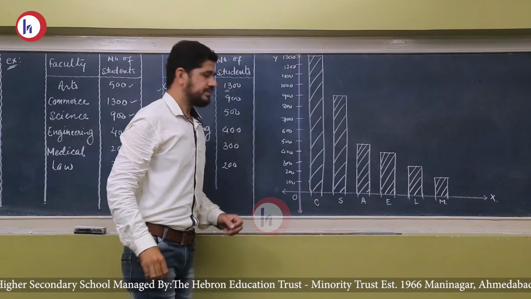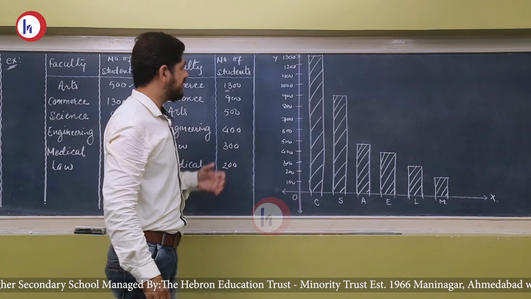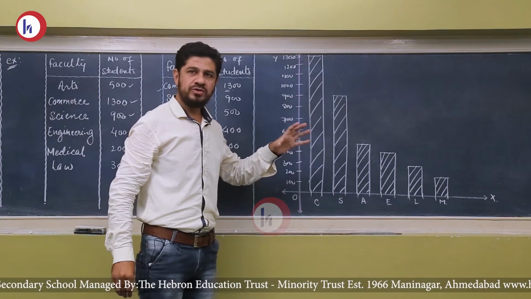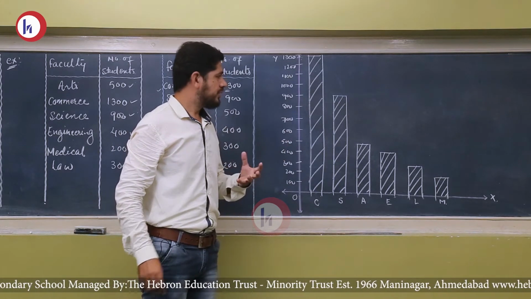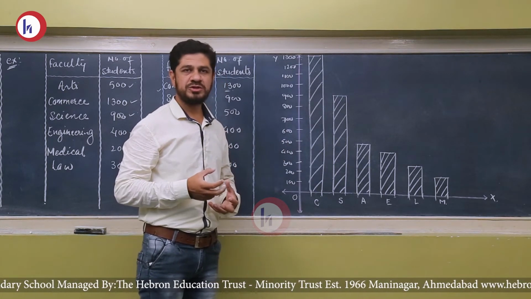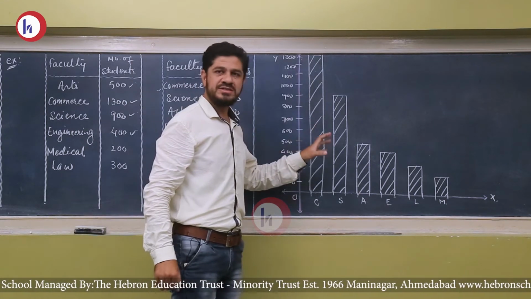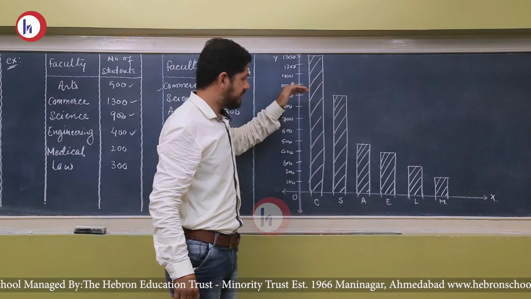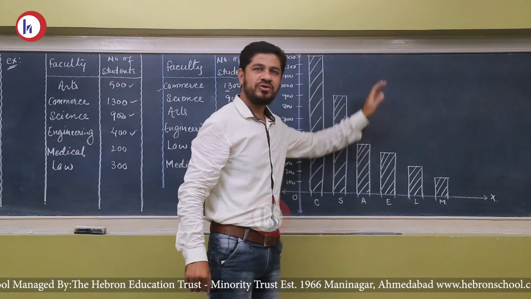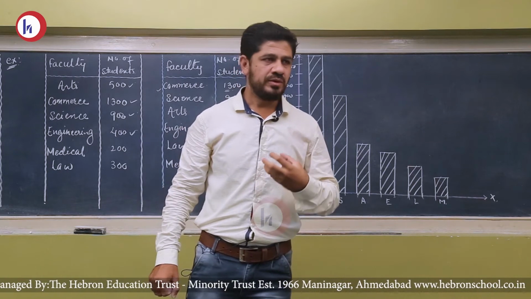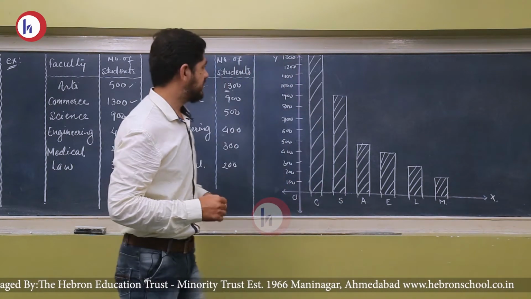Students, you can see as we arrange the data in descending order, it is easy to understand the graph and also easy to compare the number of students in all the faculties. Suppose we do not arrange the data, the bars will look like a roller coaster, ups and downs, and it is not easy to compare the data.